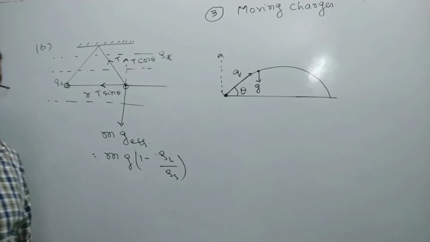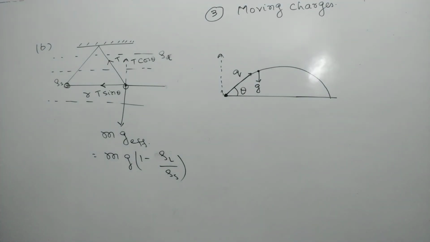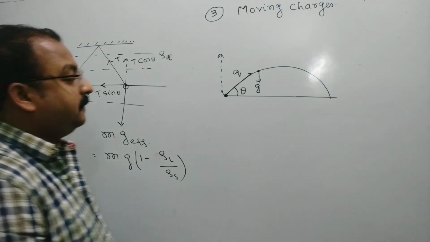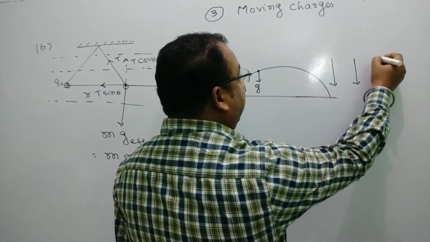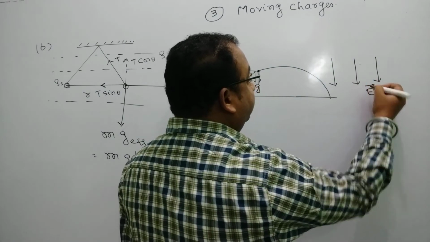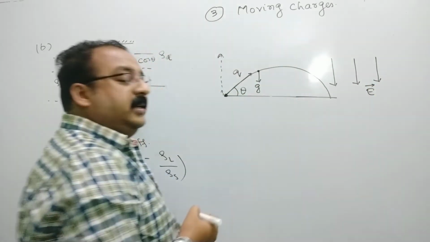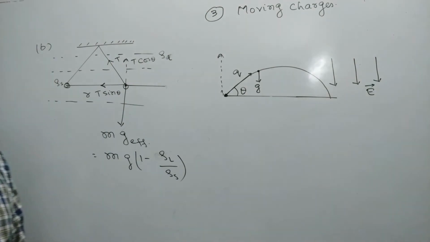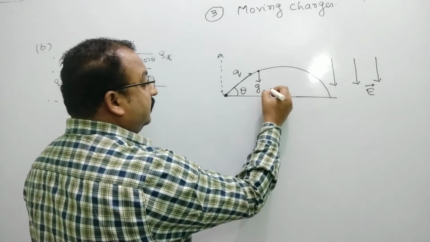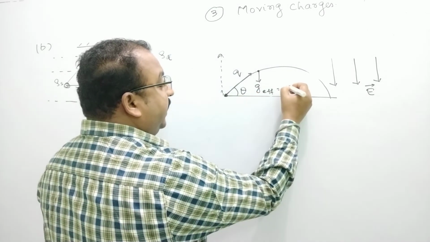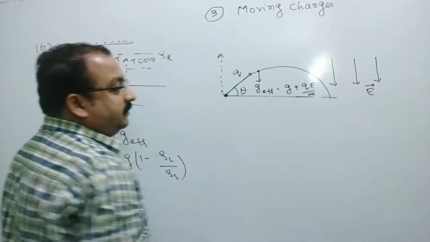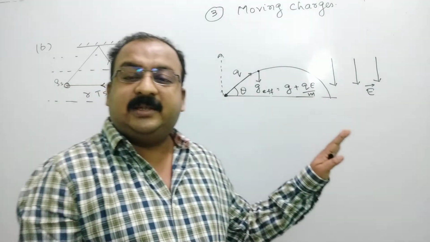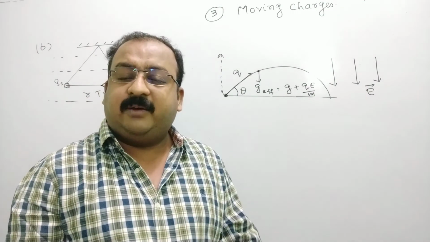Suppose in this condition we have an external electric field acting in the downward direction. So in place of g, we have to consider the value of g effective, and here g effective will be g plus QE by m. The rest of the conditions will be just like projectile motion, and all the equations will be similar.